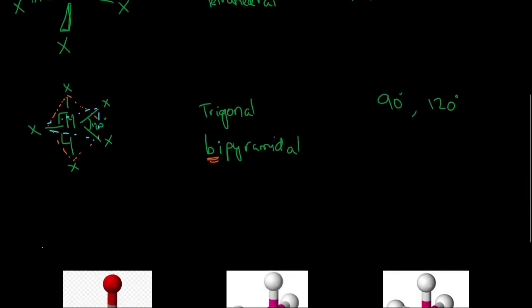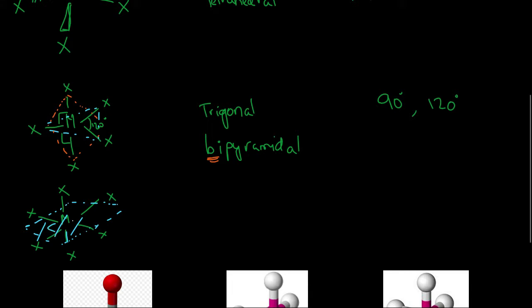And the other kind is when you have a central atom that is bonded to six other atoms. So this is this, and this is at the bottom. Like the previous one, these four are like a rectangle in a flat plane, and this one's at the bottom, this one's at the top.